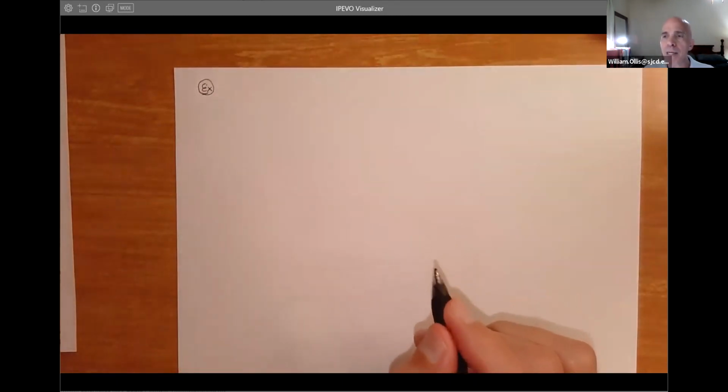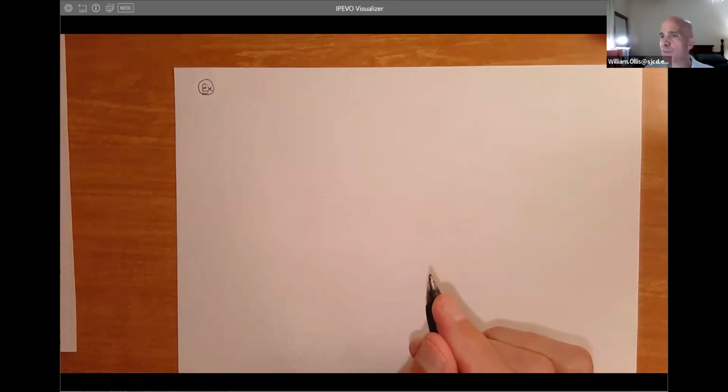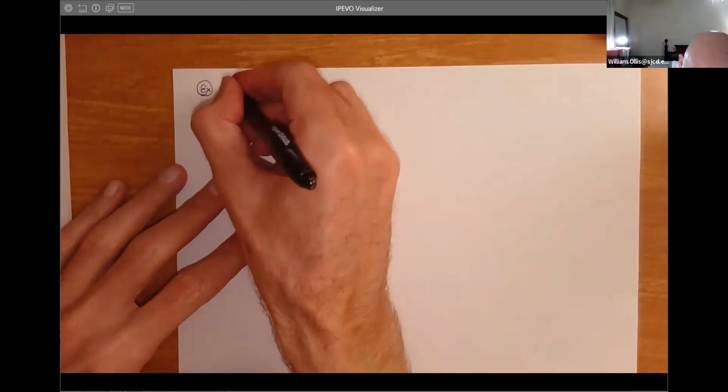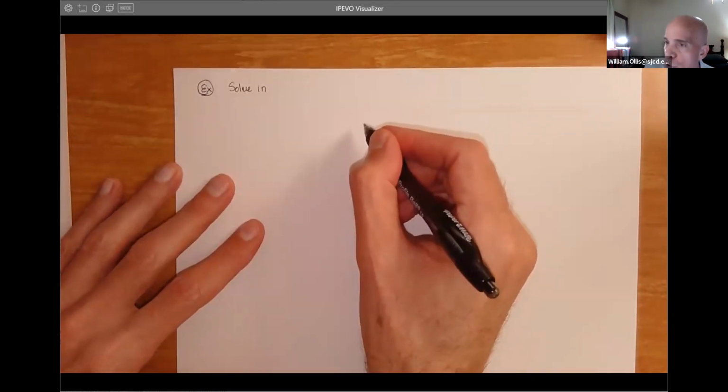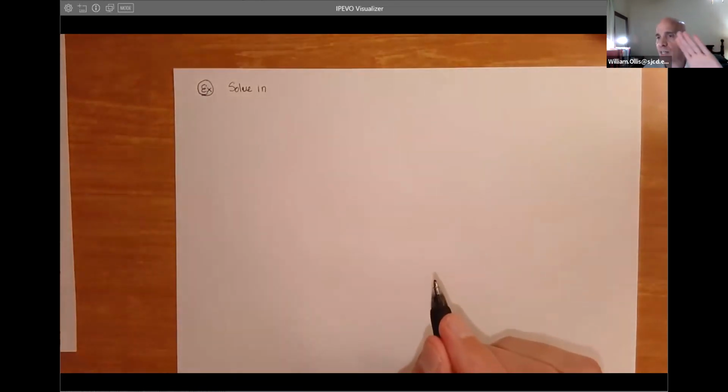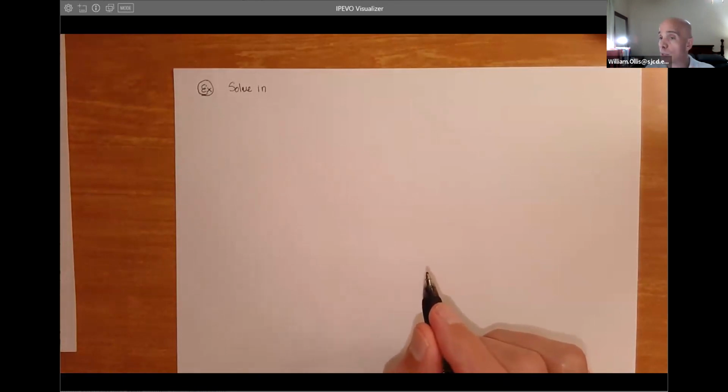So let's pick on a cosine function. I'm going to say solve in the unit circle. We could go 0 to 180 degrees or 0 to pi or 0 to 2 pi or 0 to 360 degrees, depending on what the problem says.